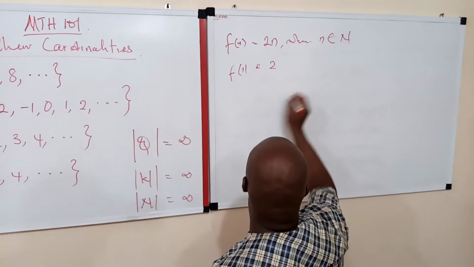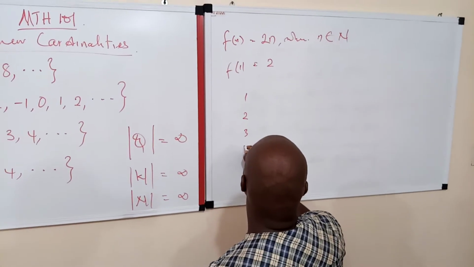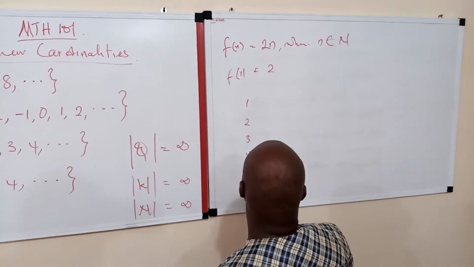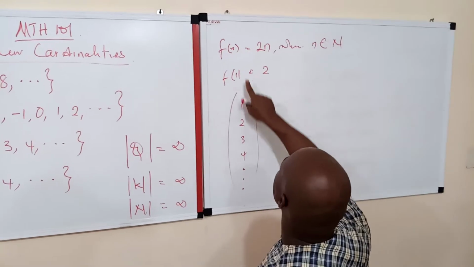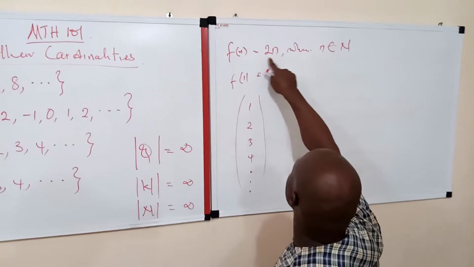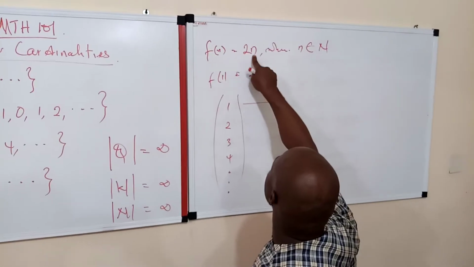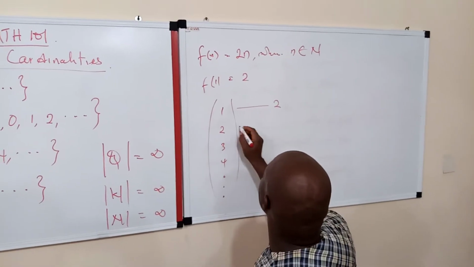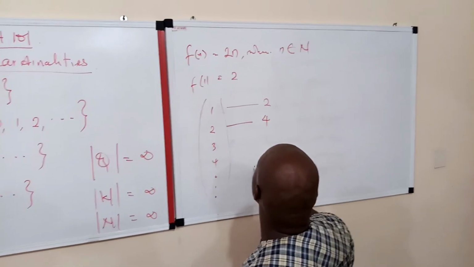Now, these are the domain variables, let me just write them out: 1, 2, 3, 4, and so on. So when n takes 1, f of n takes 2 times 1, which is 2. When n takes 2, 2 times 2 becomes 4.